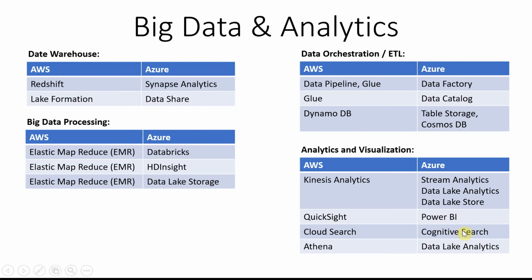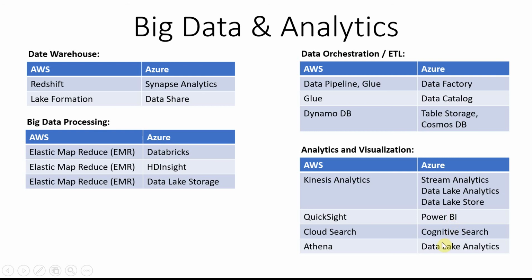Many people would have used it on-premise as a licensed product, but now the same product is also available in the cloud. So you can bring your existing on-premise Power BI licenses to the cloud also.